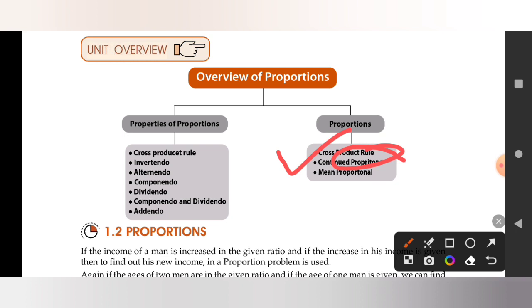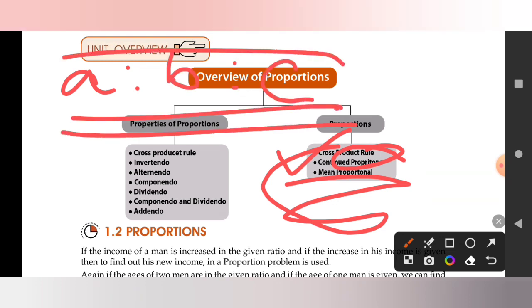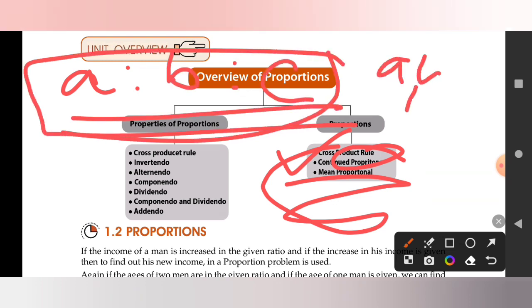Let me ask you one question before I tell you about continued proportions. You have learned something called continuous ratio in the ratio unit. What was continuous ratio? Three numbers, A is to B is to C. This was continuous ratio if three numbers A, B, C were given and put in a ratio.